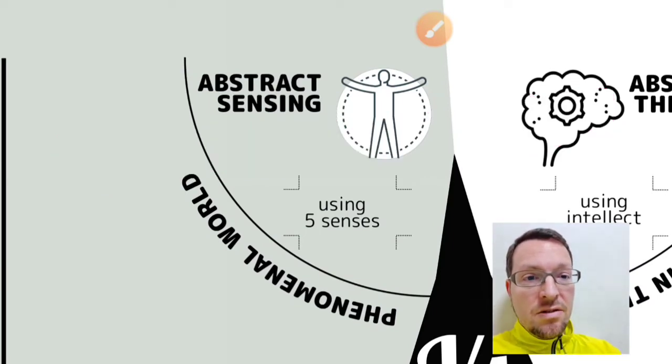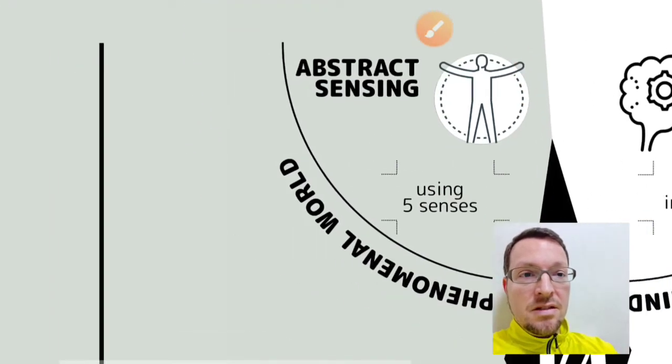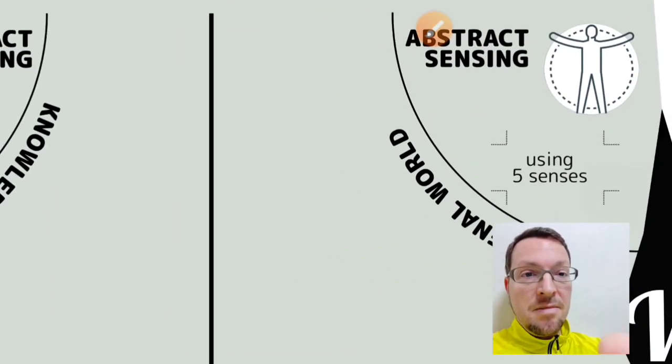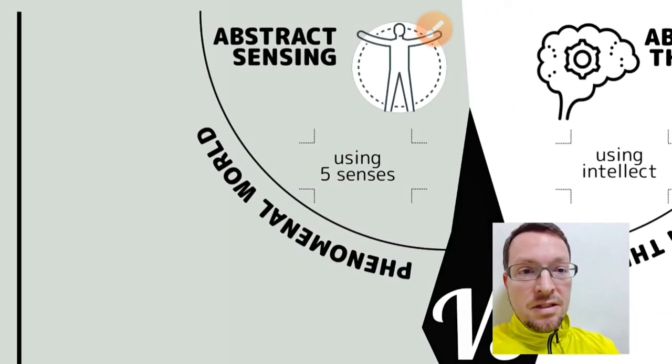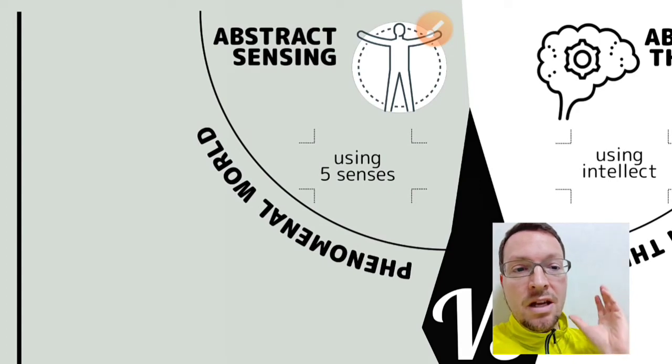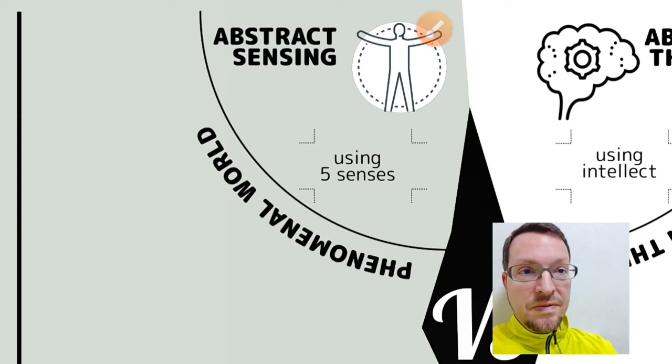This is your phenomenal world, and this divide here is a divide that happens between the two function spaces. Your phenomenal world is the place where you can touch and taste and sense objects and experiences in the tangible world using abstract sensing.